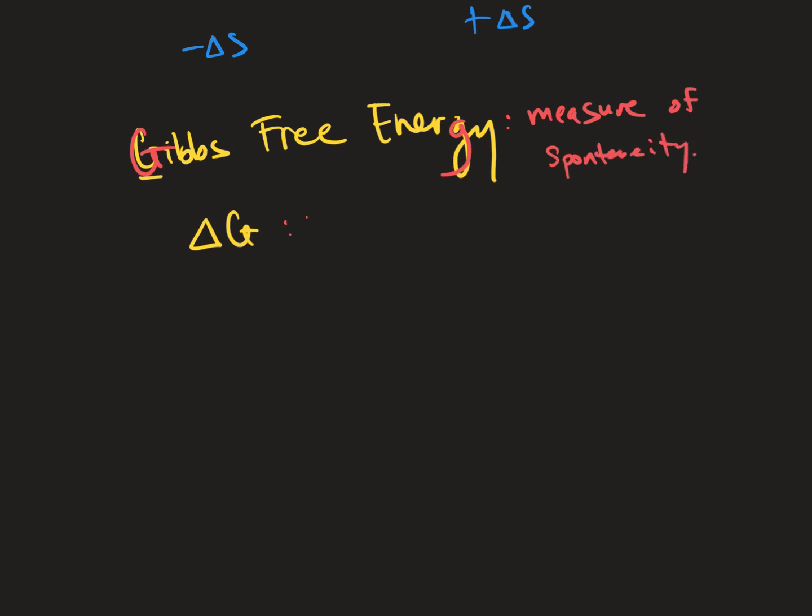Okay. So we have negative delta G and positive delta G. Negative delta G is when it is spontaneous. And positive delta G when it's not spontaneous or non-spontaneous.